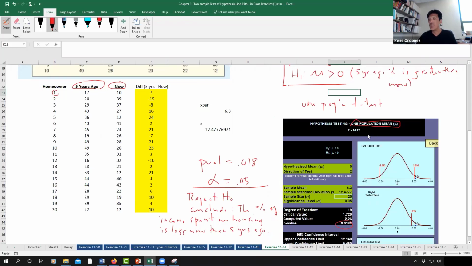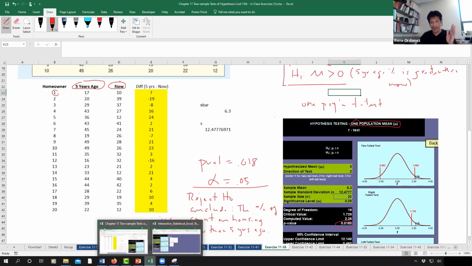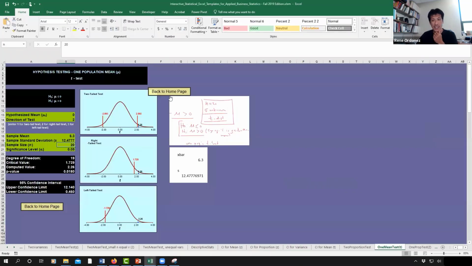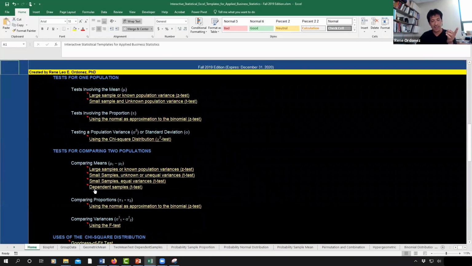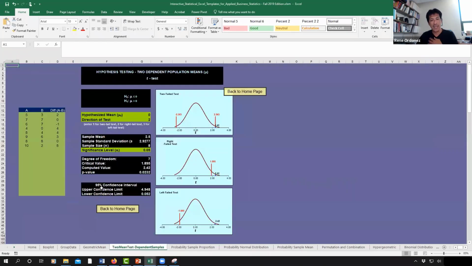So at least if you use this template here, we will avoid the confusion of having the two columns that we used last time. Does that make more sense now than last time?